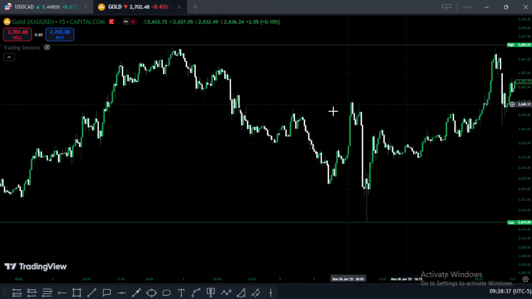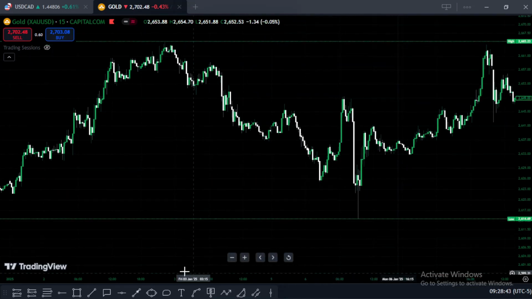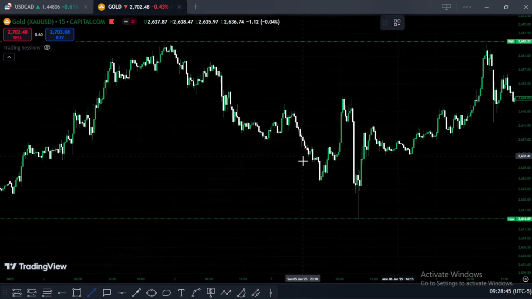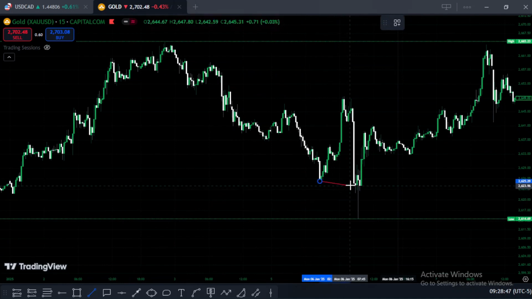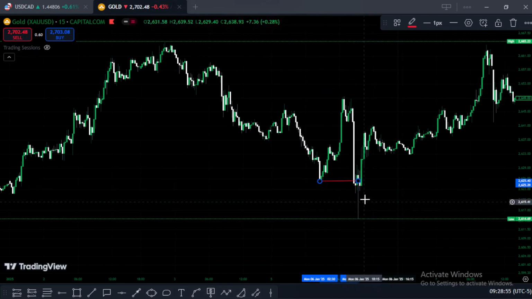Then what is this? This is the sweep that I was talking about. This was the previous swing low. Price drops down to this low, and then it sweeps. You see this wick? That confirms this is a liquidity sweep.